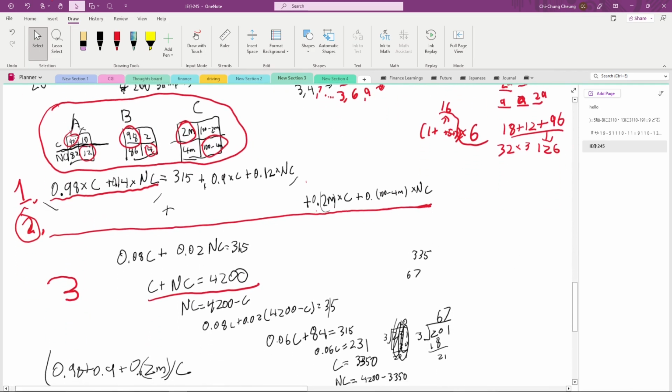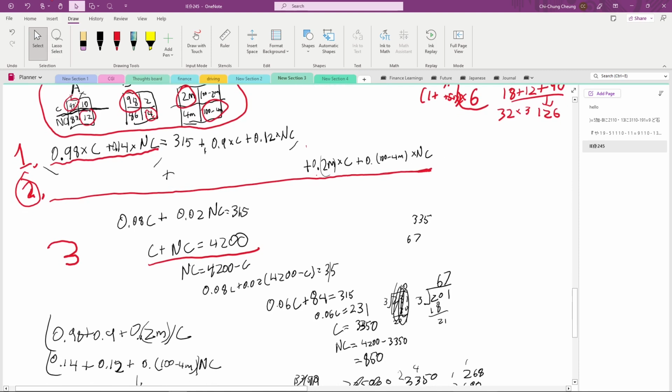So first, solve for NC and C with equation 1 and 3. NC equals that.